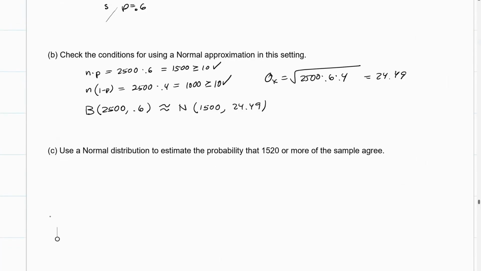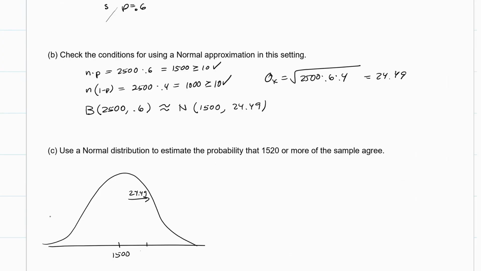So let's do the normal distribution calculation. Let's draw that normal distribution. Let's center it at 1500. Let's recognize that the standard deviation is about 25. So we're about 1525, 1550, 1475, 1450 in our distribution.